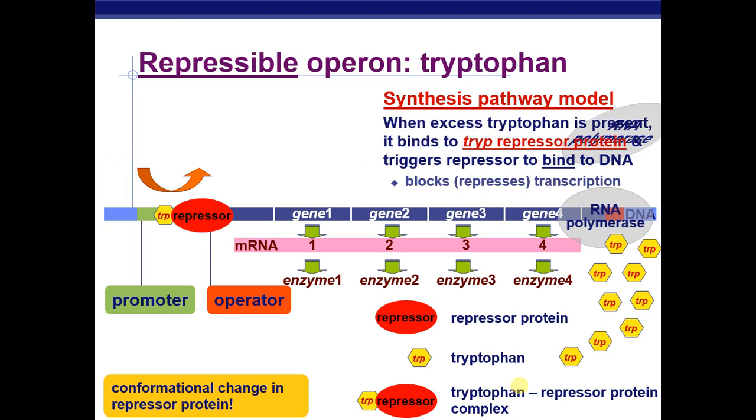So in a repressible operon, the genes are normally turned on, but they can be turned off if a specific condition is met: tryptophan is prevalent in the environment. So for repressible operons, the genes are normally turned on, the repressor is normally inactive, unless a specific condition is met in which the repressor is activated and the genes can be switched off.